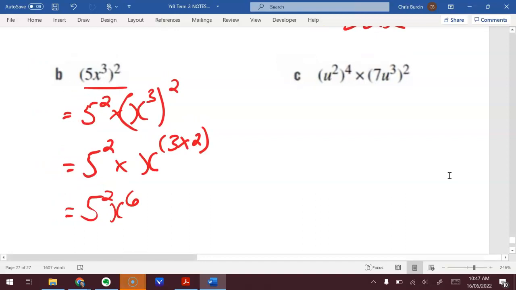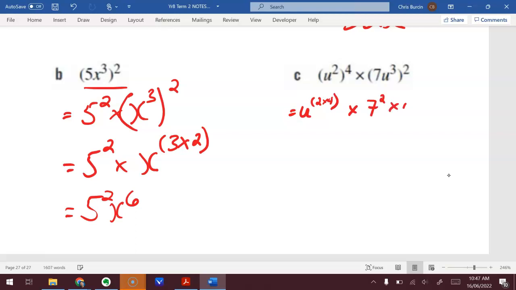So we'll spread out. This is the same as saying u to the power of 2 times 4 times, we'll factorize this one, 7 to the power of 2 times u cubed to the power of 2, which let's skip that step and write u and multiply these indices together.